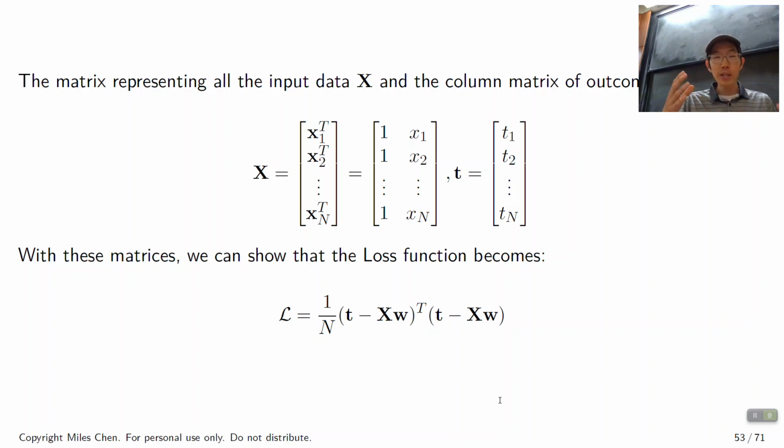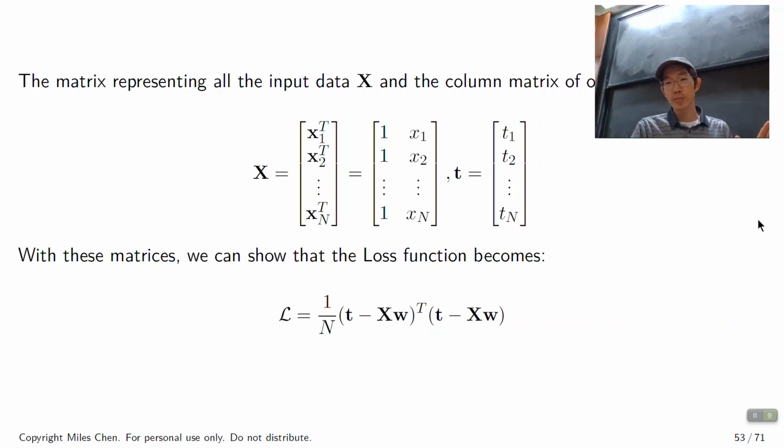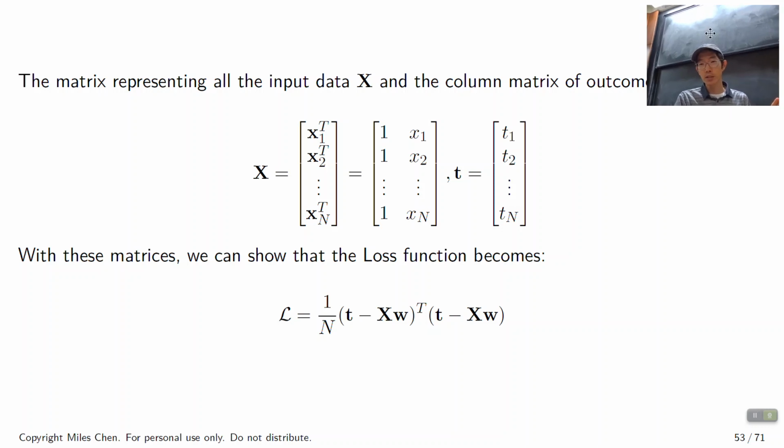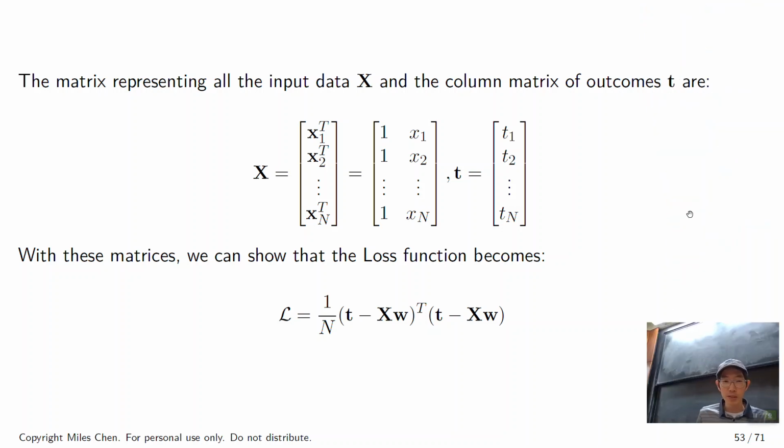If I have a whole bunch of these observations, I'm going to gather them all together. We're going to put all n observations together in one matrix X, and each of these will be a row: x1 transpose, x2 transpose, and so on.